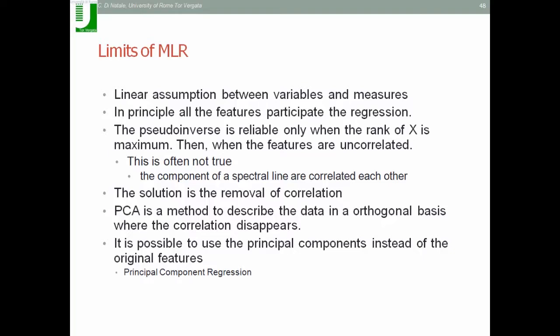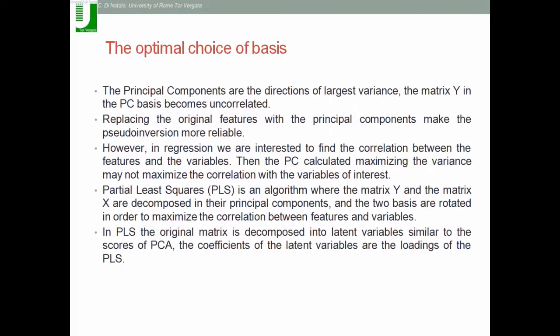But what we are doing now is something more, a little bit ahead, because this is not the optimal choice of basis, because the principal components have been calculated maximizing the variance. Here we are interested to regress some value, let's say to retrieve some quantity.